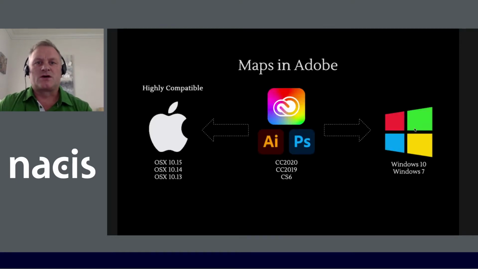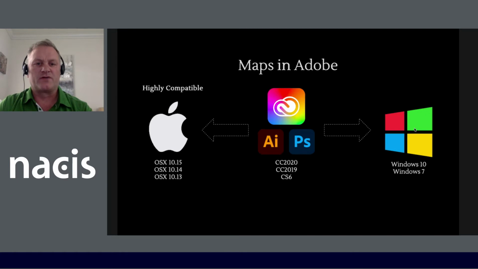We like to target ourselves as maps in Adobe. We are really in the game with Illustrator and Photoshop, and we are basically extensions to both of those platforms. We take compatibility very seriously, so we always make sure that we are up to date with the latest Adobe releases. Right now that will be the forthcoming 2021 release.